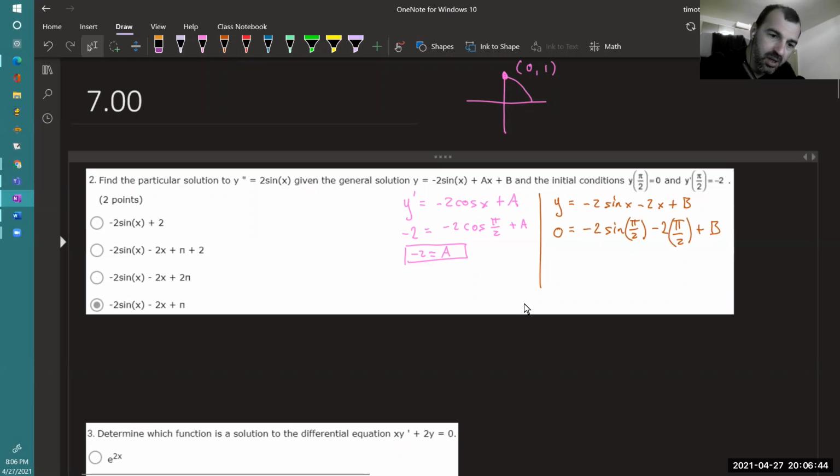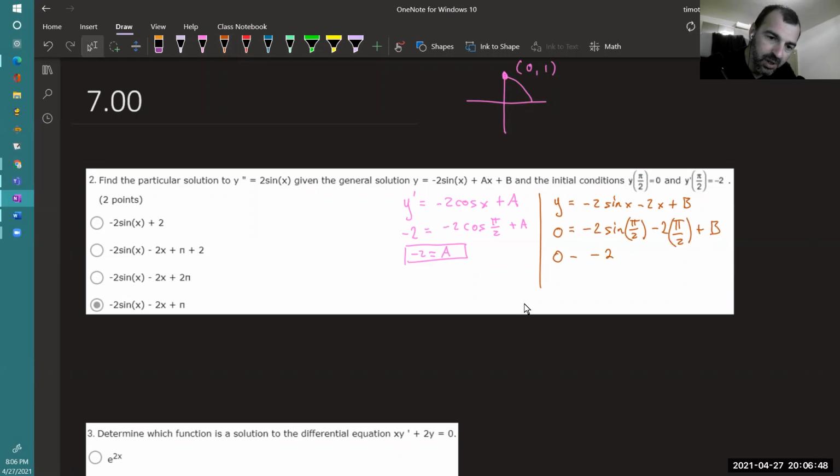So this is going to be 0 equals -2 times 1 minus, these 2's cancel, so I'm going to get a pi there, plus b. So I'll add those over, and b is equal to 2 plus pi.